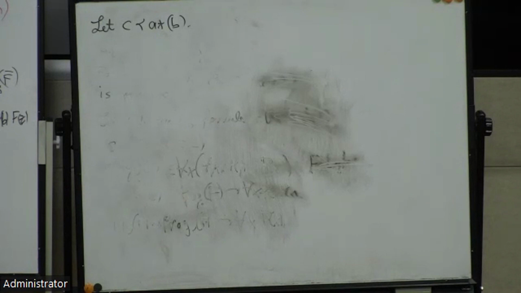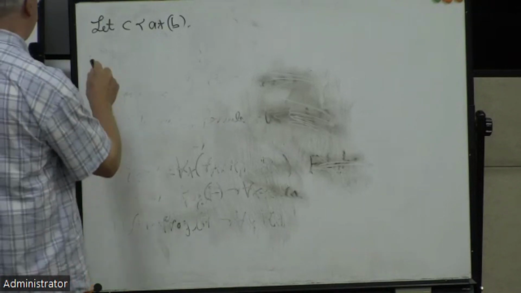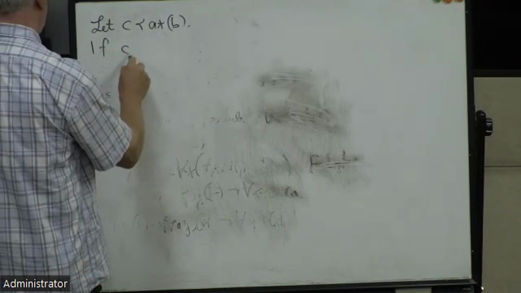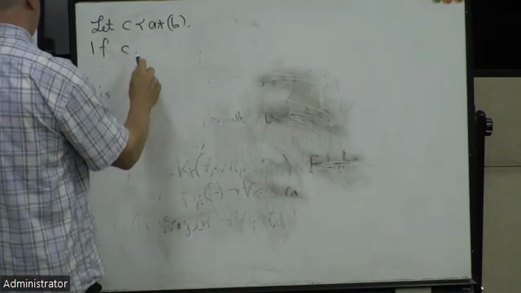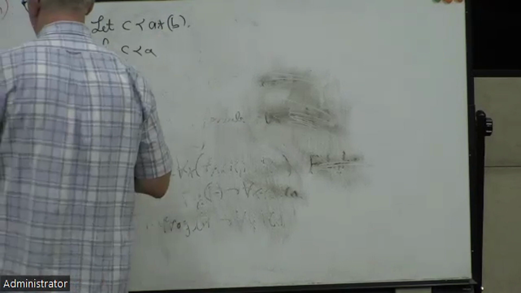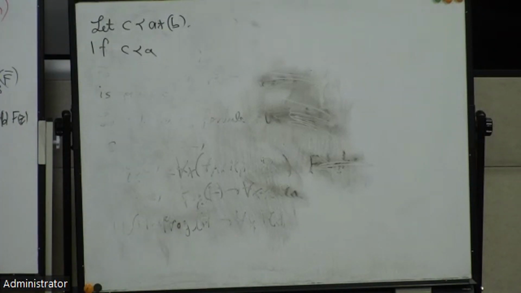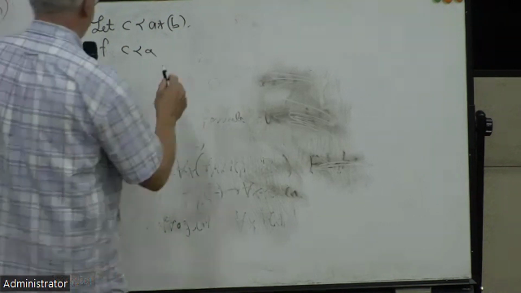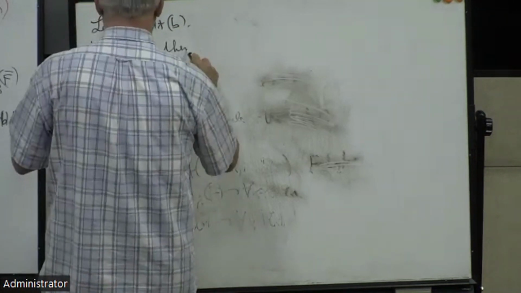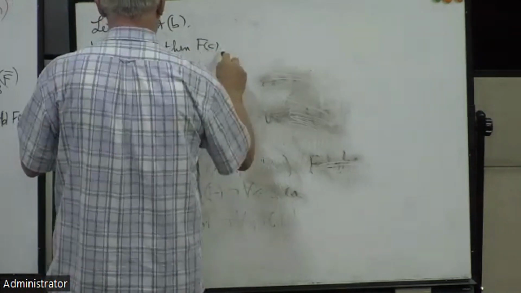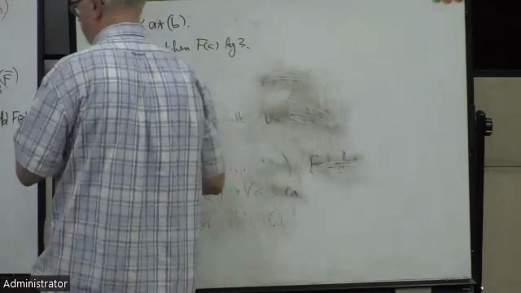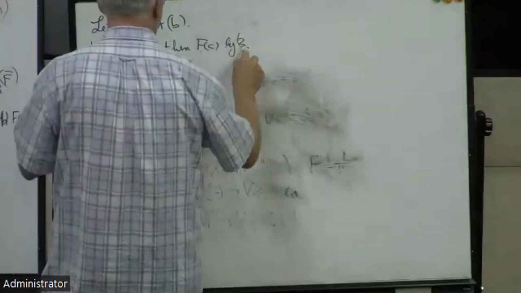So there are two cases. It could be that C is already smaller than A. But then I have assertion 3. Then I have f of C. That's fine.